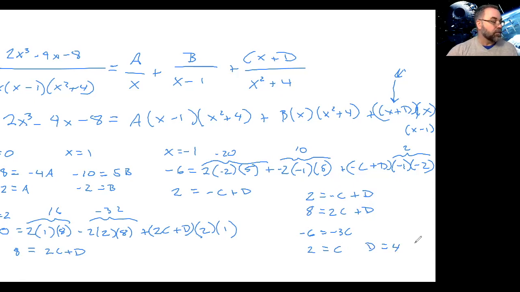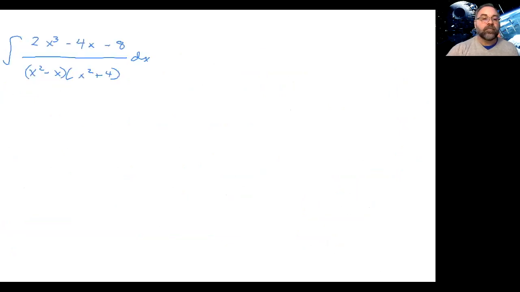All right, so let's put everything back together. And we get A over X, B over X minus 1, CX plus D over X squared plus 4 dx.